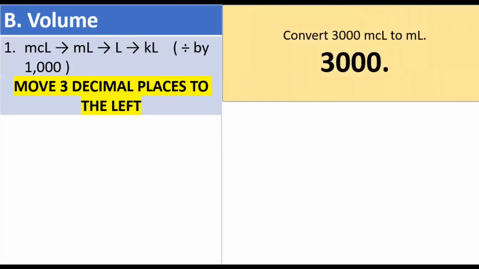For example, convert 3,000 microliter to milliliter. The whole number 3,000, having the decimal point at the end, should be moved to the left 3 times. 1, 2, and 3, resulting in the equivalent of 3 milliliter.